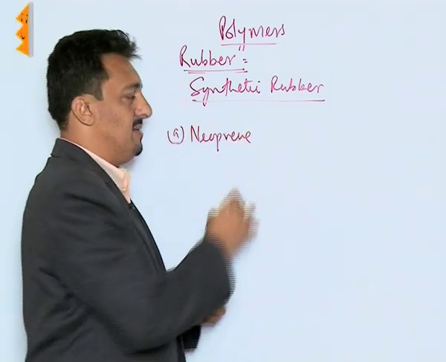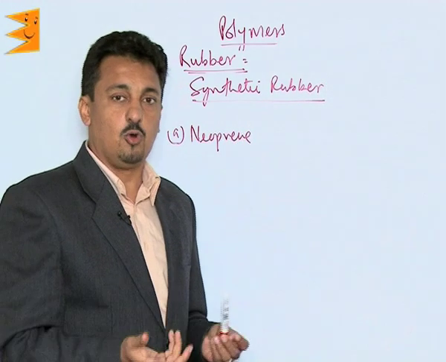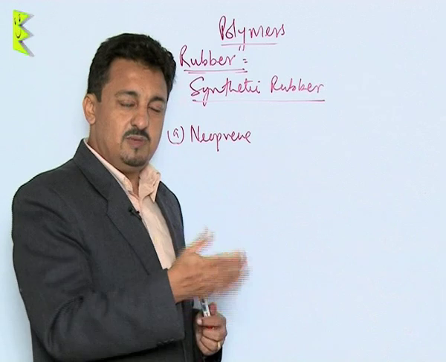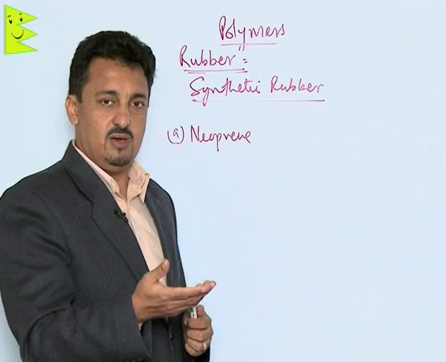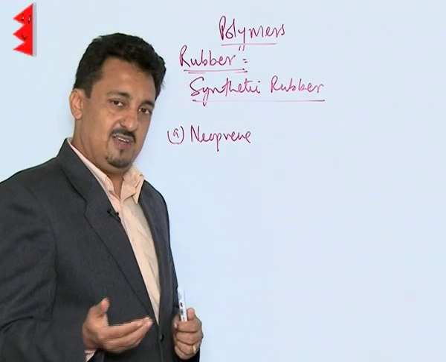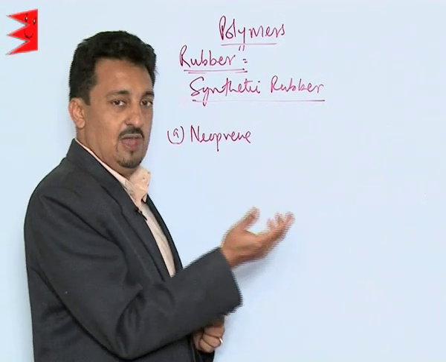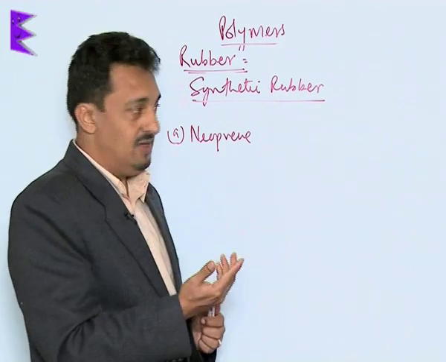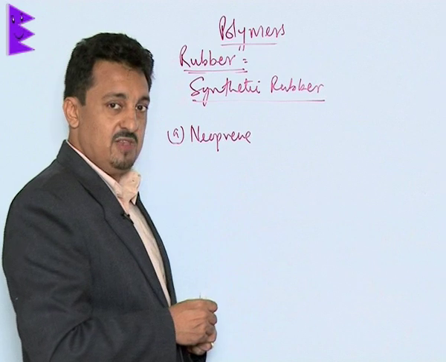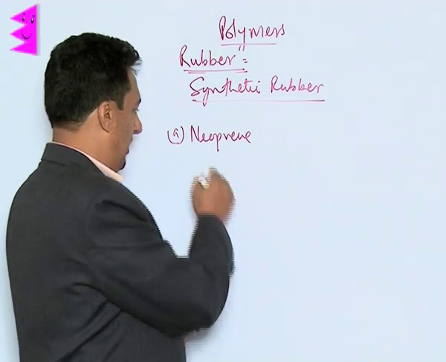Synthetic rubbers can be a homopolymer or a copolymer. The homopolymers will be the products of 1,3-butadiene or its derivatives, and copolymers can be Buna-N or Buna-S, as we will be taking up later on. But first, let us see neoprene, which is a type of homopolymer.